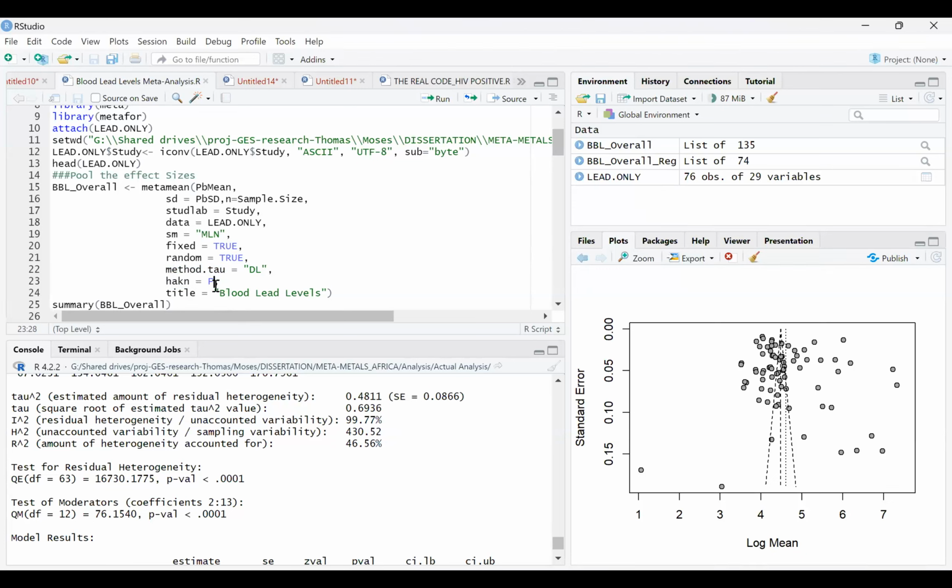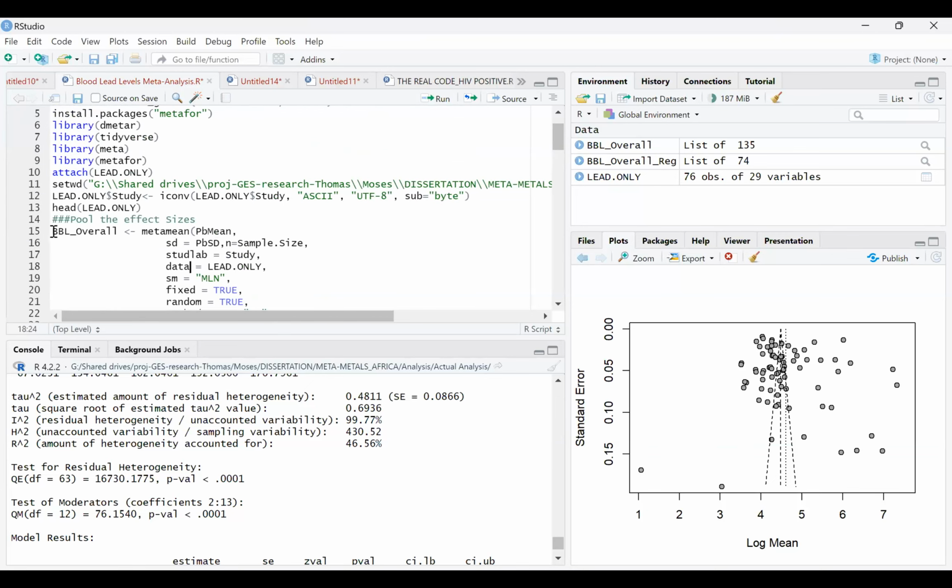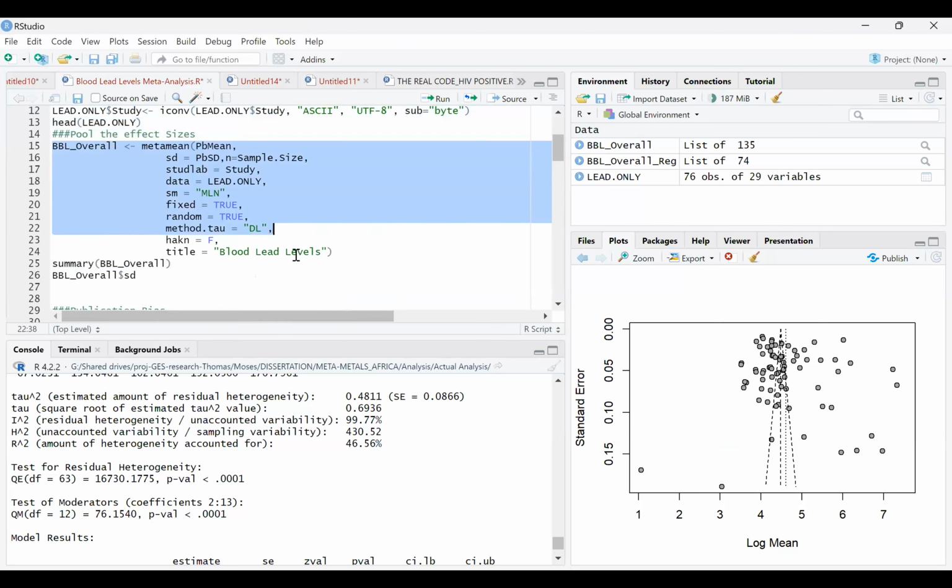You either type false, or you just leave it as F. Then the title: I can give a title, blood lead levels. Then I can decide to say I'm going with summary. And then once you click here, I highlight all this here, and then I click run.